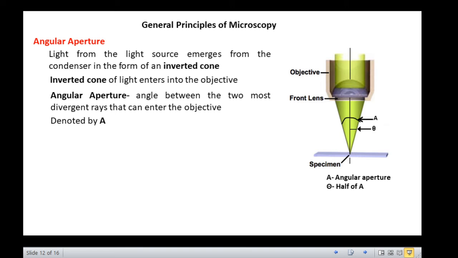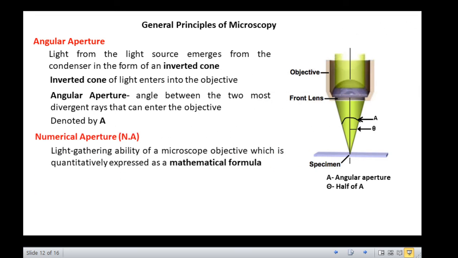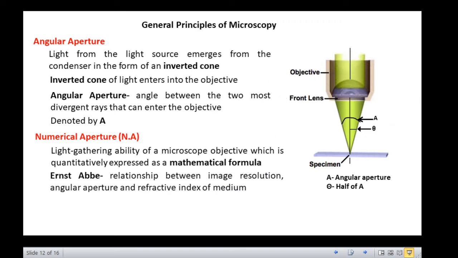The next concept is numerical aperture. It is the light gathering ability of a microscope objective which is quantitatively expressed as a mathematical formula. It was Ernst Abbe who first described the relationship between image resolution, angular aperture and refractive index of the medium.